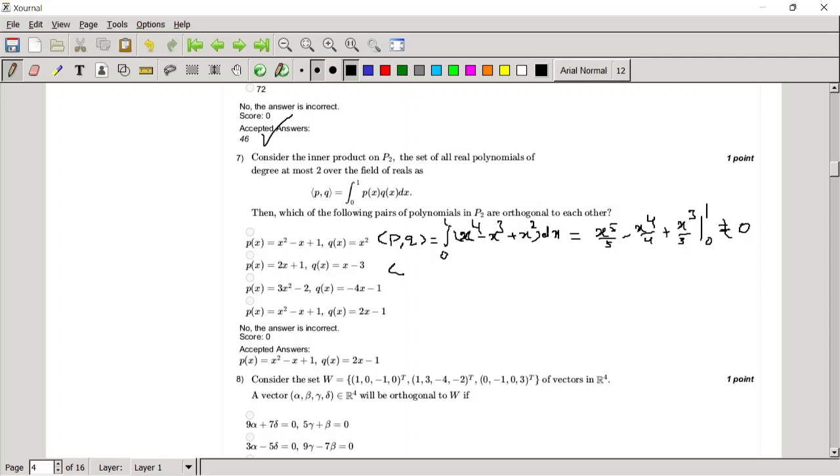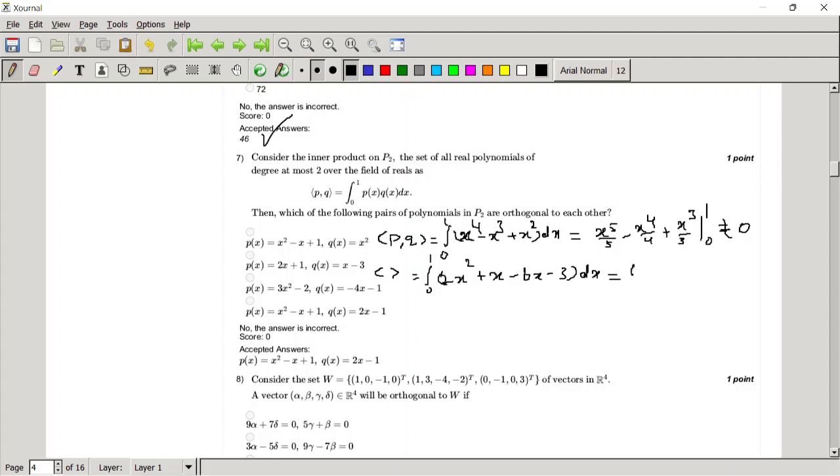Similarly, we will check for the second option. We will get that the inner product is equal to integration 0 to 1 of 2x square plus x minus 6x minus 3 into dx.